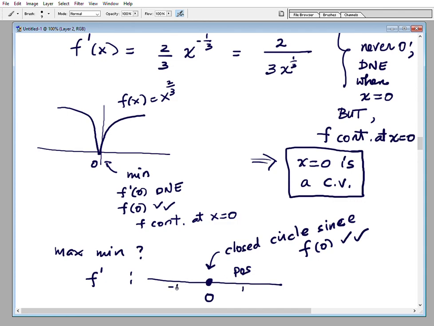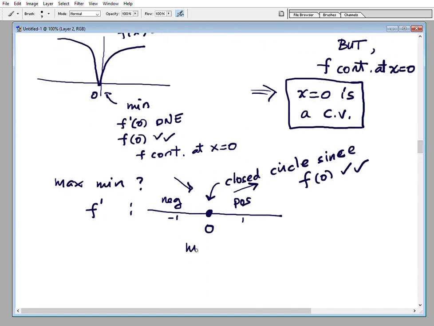Substitute in a minus 1, and we get negative. Down, up, it's a min. Substitute 0 into f, and we get 0. So 0 is a min.